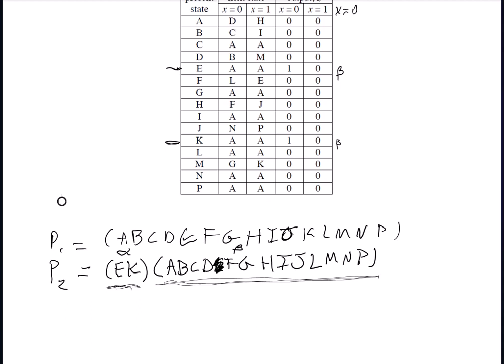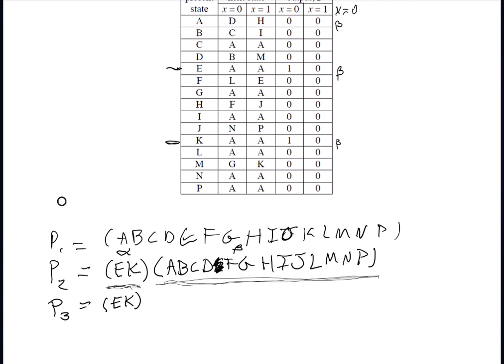That means that for our next partitioning, E and K will still be in the same partition because their 0 successors are both in the beta partition. Now let's look at A. If x is 0, the next state is D. D is in the beta partition.